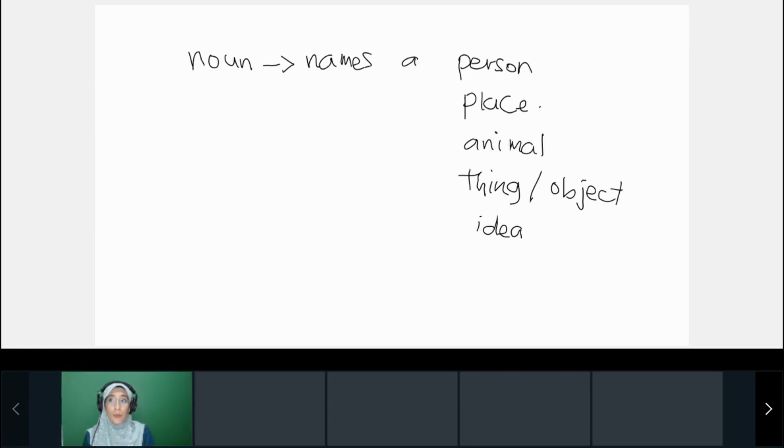But if you put it as successful, this is an adjective. You are describing something being successful. So again, a noun names these. Please remember: person, place, animal, thing or object, or idea.